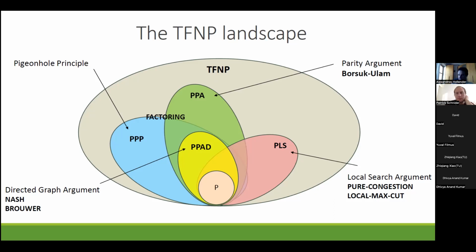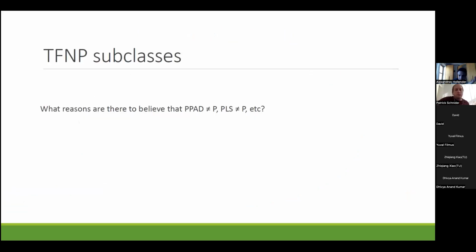Now, what does that tell us about what we initially cared about, namely the complexity of the problem? Okay, so why is a PPAD hardness result, the PPAD hardness of Nash, interpreted as saying the Nash problem is computationally intractable? In other words, what reasons are there to believe that PPAD is not the same as P, that PLS is not the same as P? So I can give you three reasons that are more or less convincing.